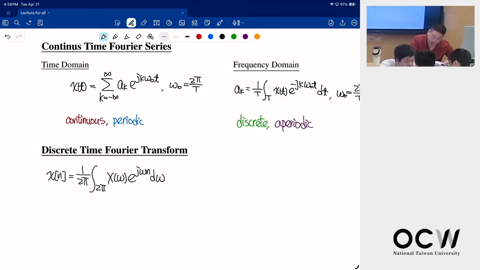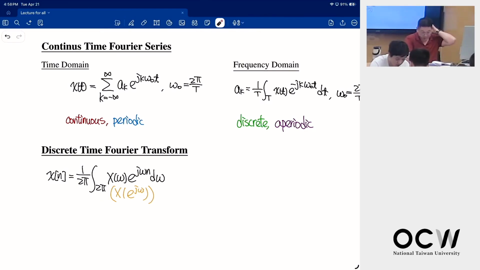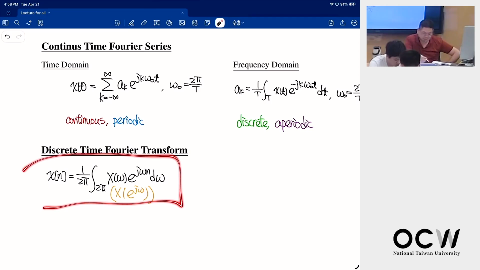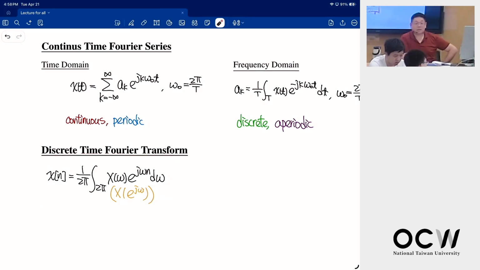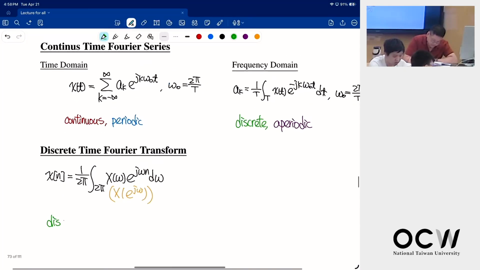Again, sometimes you may see X(e to the j omega) in some textbooks, but here we just say that it is X(omega). Okay, the signal is discrete or continuous, periodic or aperiodic? So first, discrete, and aperiodic.